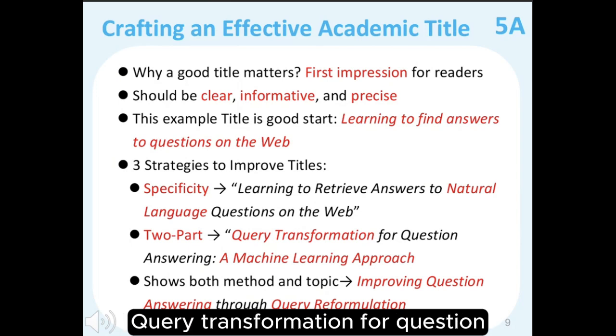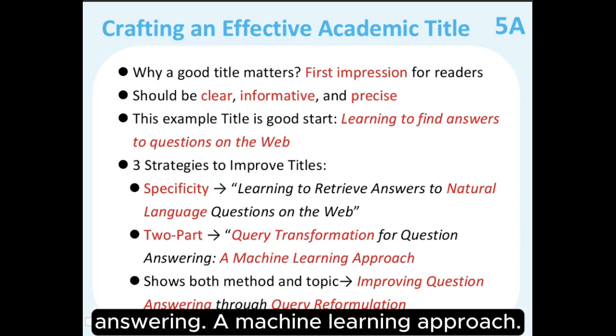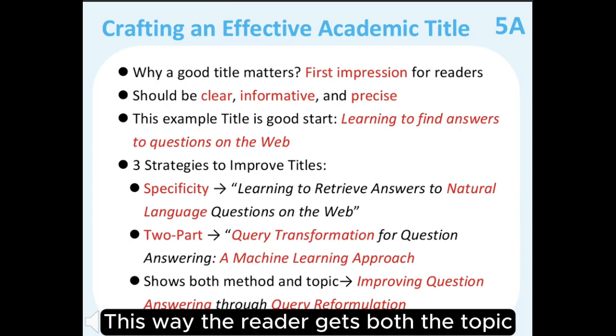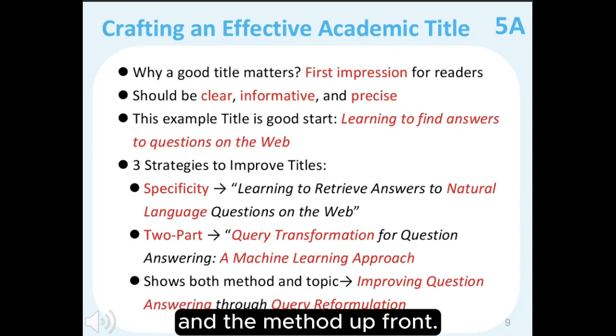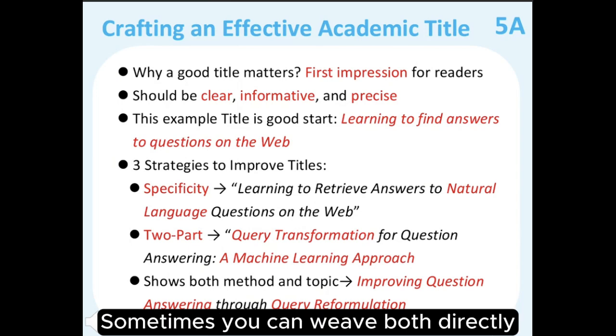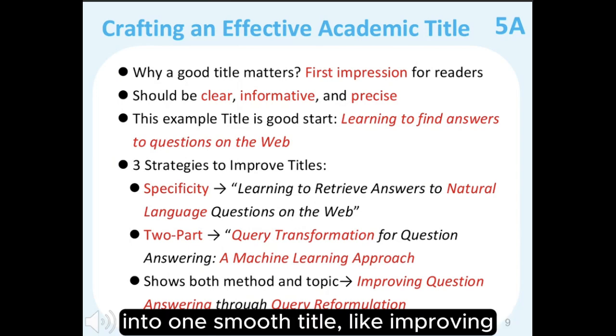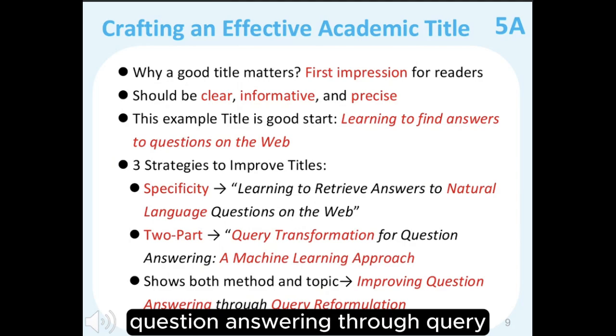Query transformation for question answering: a machine learning approach. This way, the reader gets both the topic and the method up front. Combining method and topic. Sometimes you can weave both directly into one smooth title, like Improving Question Answering Through Query Reformulation.